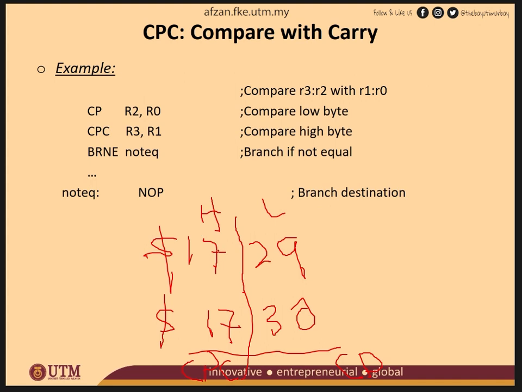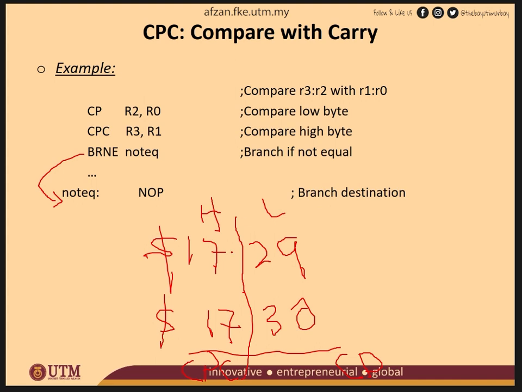If these two 16-bit numbers are not equal, in this case 1729 is not equal to 1730 here, this one will jump to the not EQ instruction, which is NOP. This is the branch destination, because these two numbers are not equal.